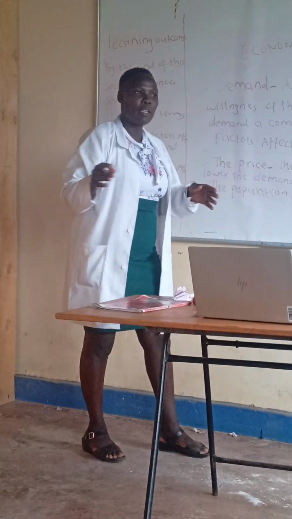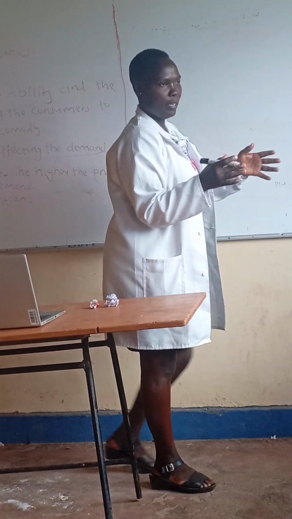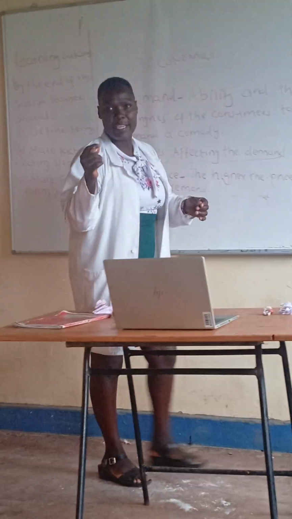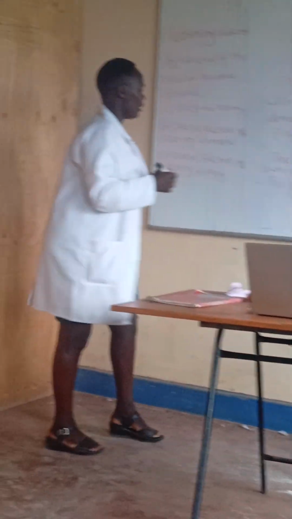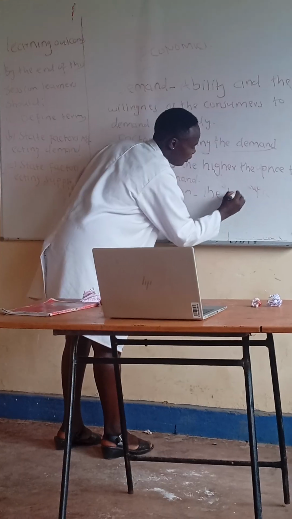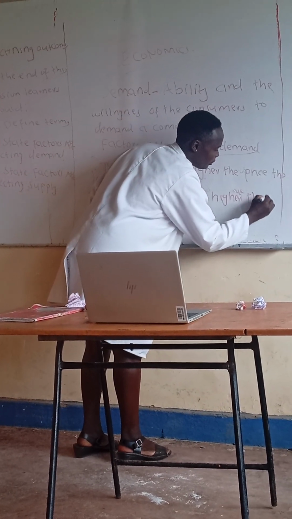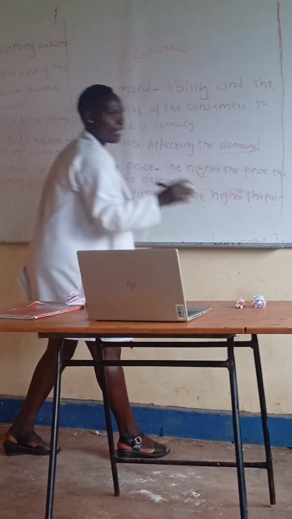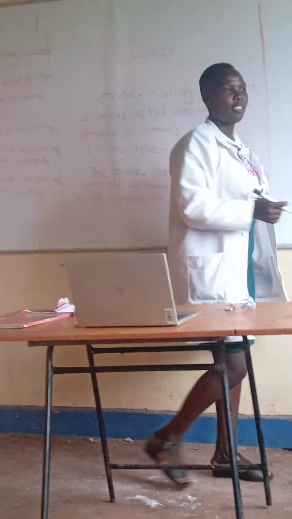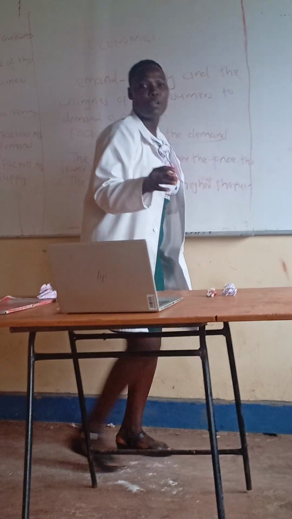Are you getting it? Take for example, you have a very small population of people. Those people will be able to buy very little of a commodity. The higher the population, the higher the demand. Look at that chart. As the population goes up, the demand also goes up.